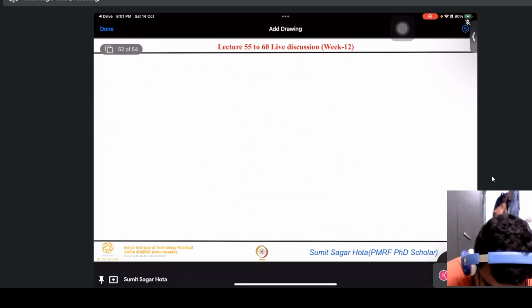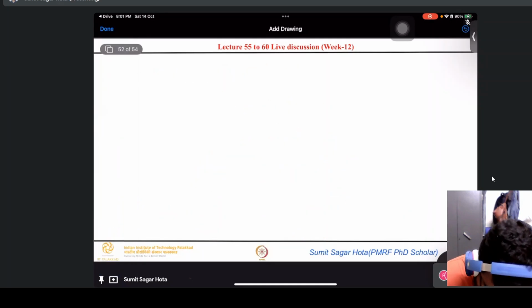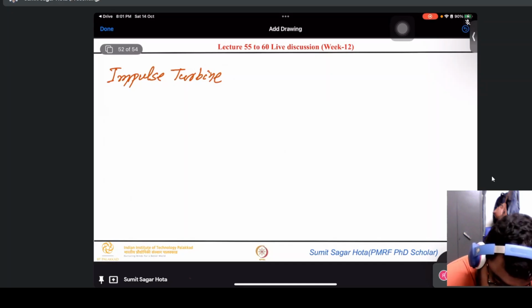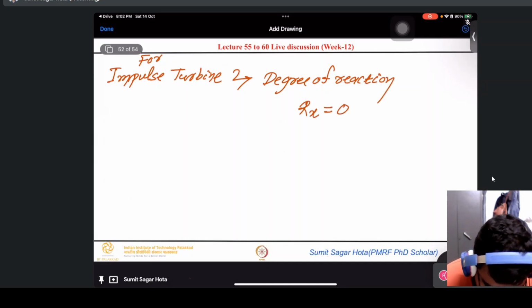So what is now Rx? Rx equal to 0. Why? Because for an impulse turbine, the degree of reaction Rx equal to 0.